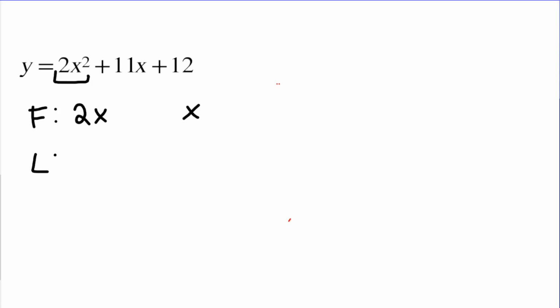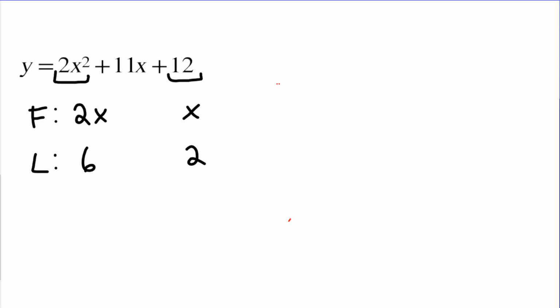And then for my last times last, this time I'm trying to figure out what two numbers are going to multiply to +12. And while the signs aren't a big issue this time, I need to think of all the multiples of 12. So let's start with one, let's try 6 and 2.